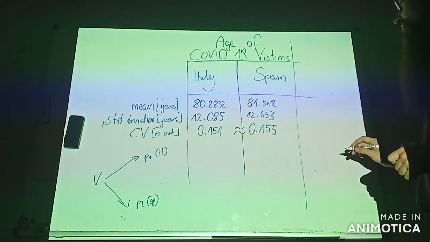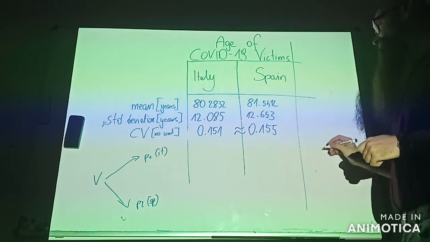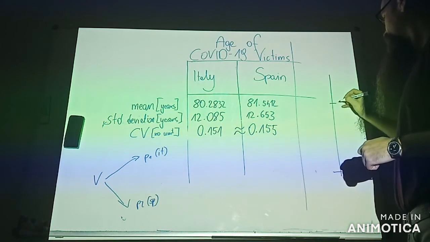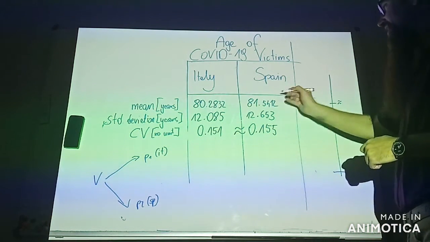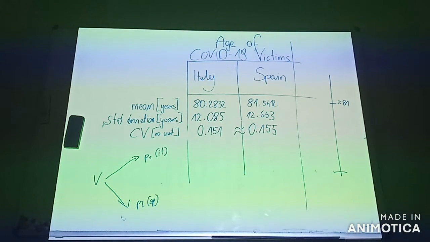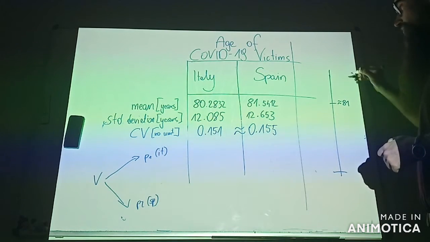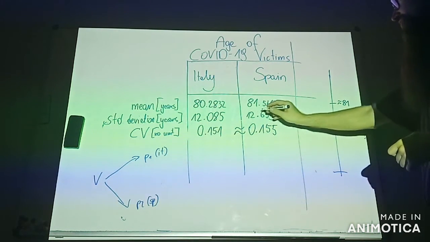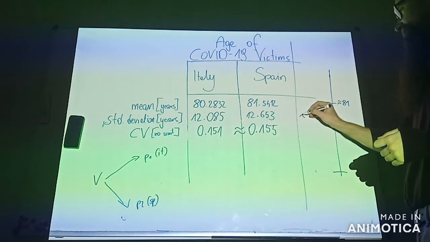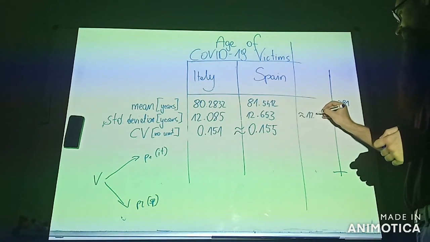And the second remark is, here we have about 80, 81 in both populations, average age of COVID-19 victims. And we also know that here we have, for example, these values are similar to 12.5.